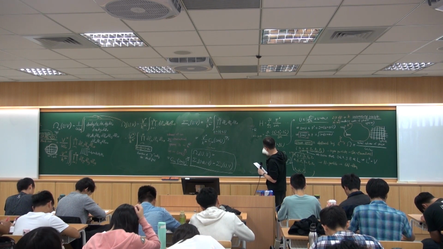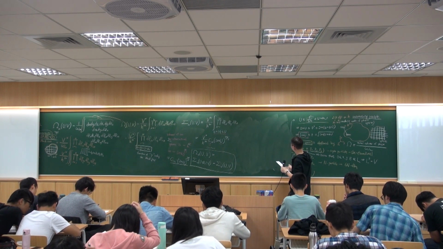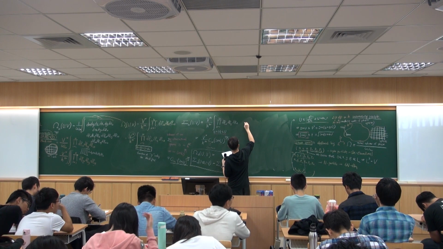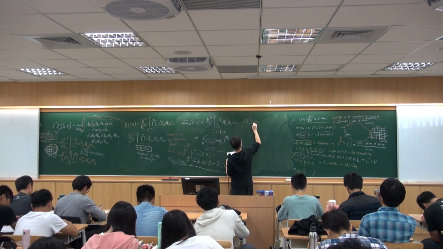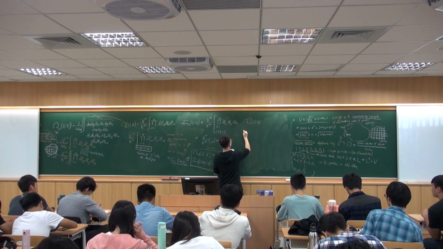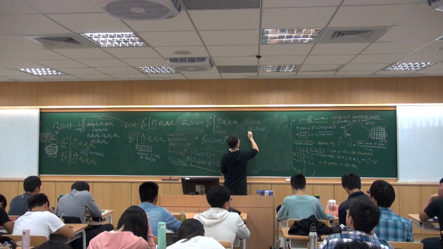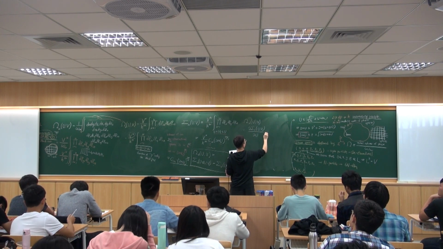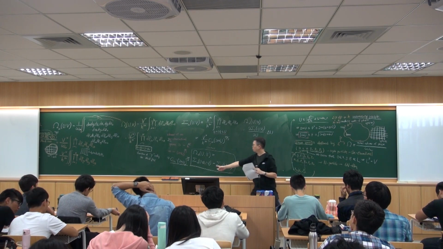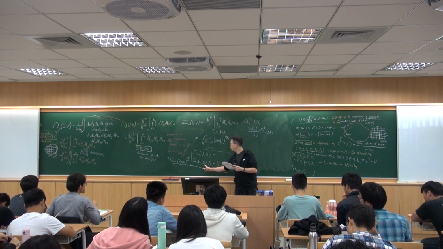I think we have some time. Therefore, this will become... So because now we're trying to compare the difference between these two, and this is only a small number, right?